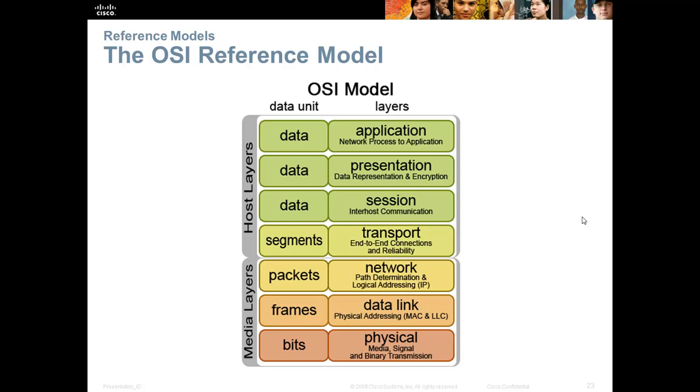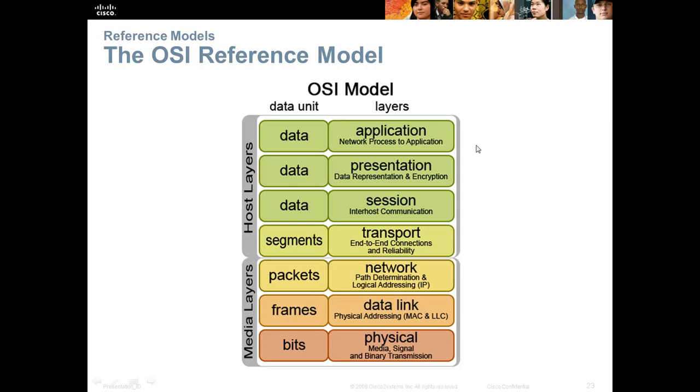One way that I used to use to remember it, taking the first letter of each layer, is all people seem to need data processing, or please do not throw sausage pizza away. That's one way in which you can use to help you remember the 7 different layers.